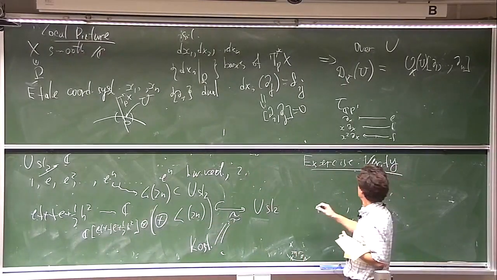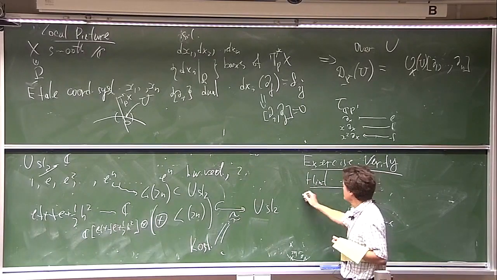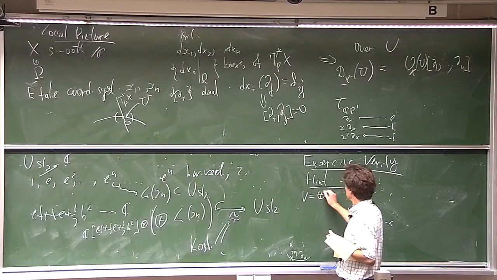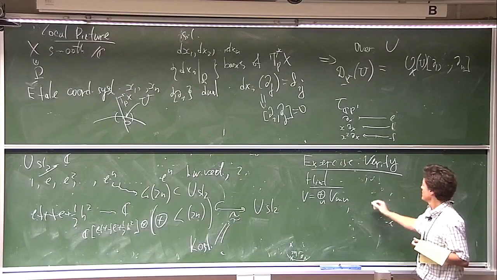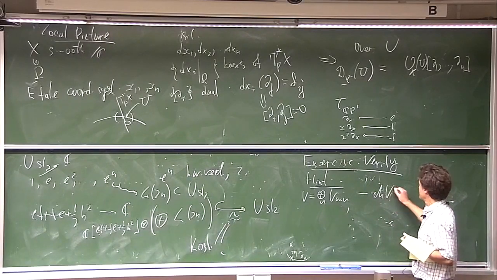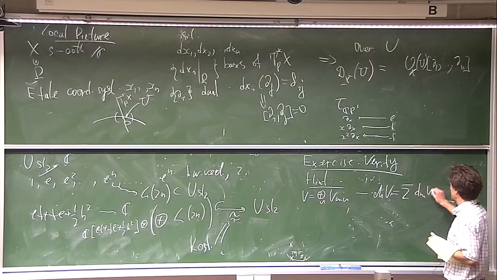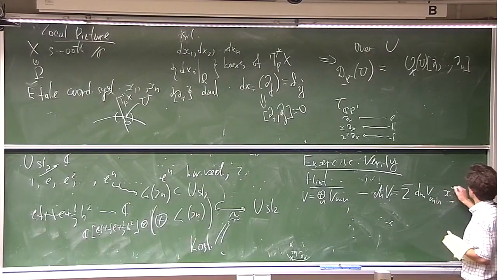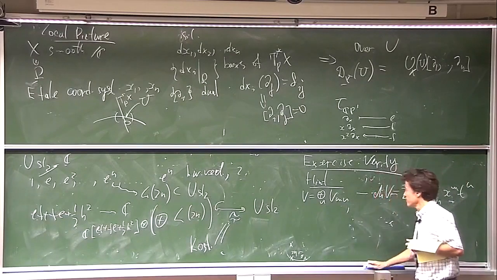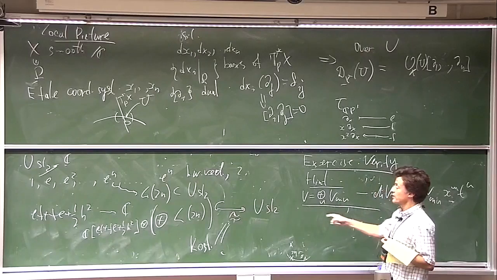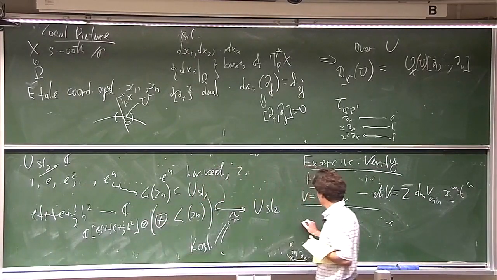So, hint. You know, if you have a bigraded vector space, then you can define its character, if those are finite dimensional, in the standard way. You can apply the same thing to U of SL2.